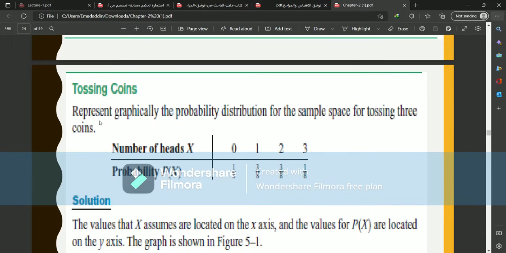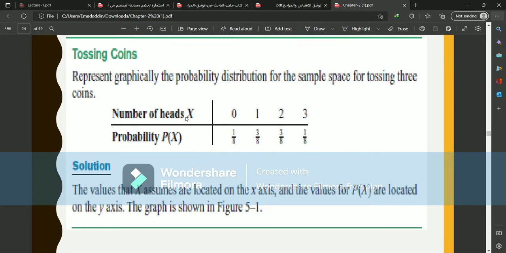Tossing coins. Represent graphically the probability distribution for the sample space of tossing 3 coins. Number of heads x is 0, 1, 2, 3, and probability P(x) equals 1 over 8, 3 over 8, 3 over 8, 1 over 8.